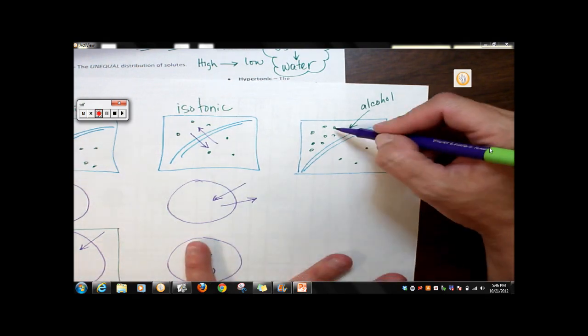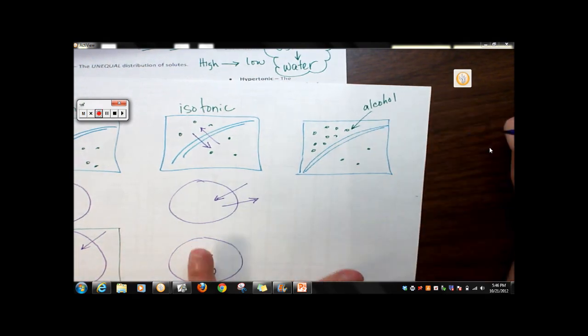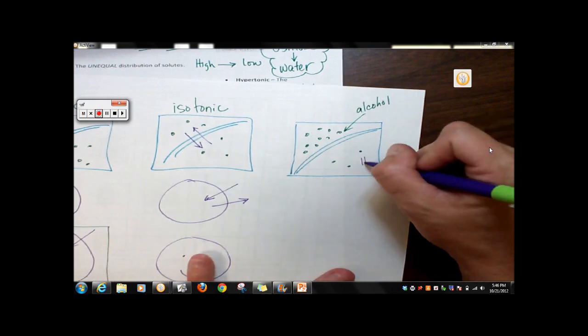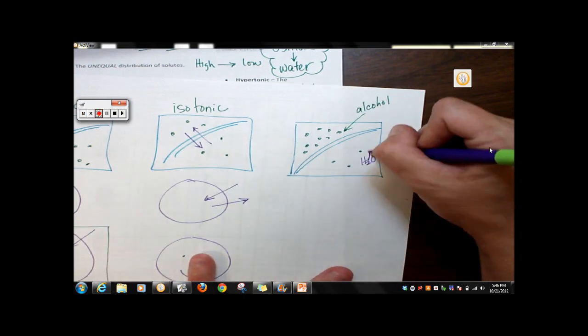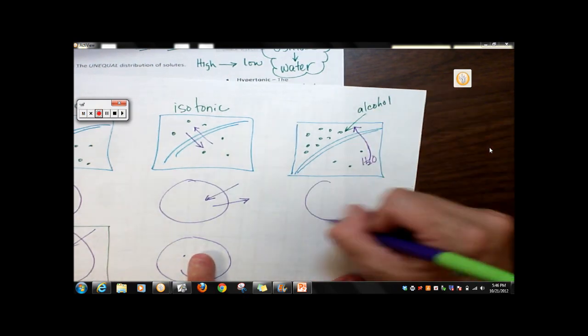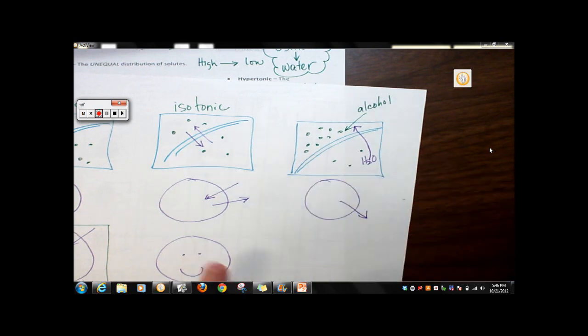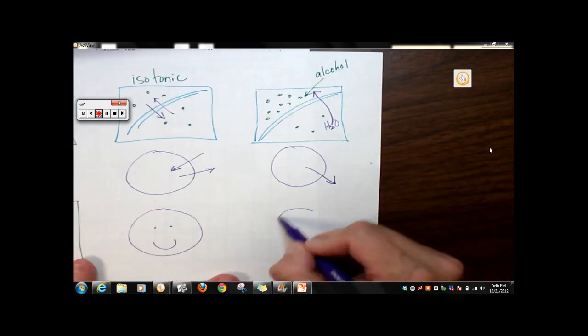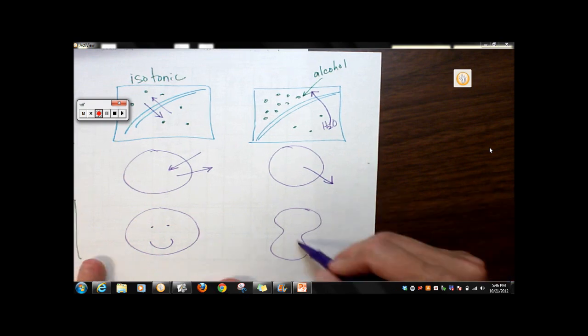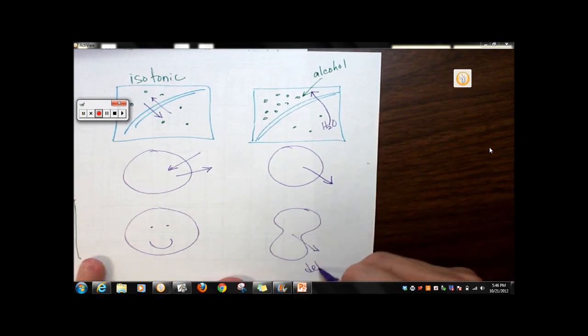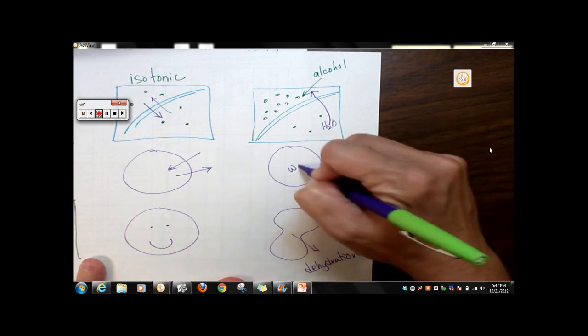We need to get the water to be the same inside as outside. And so because there's more water inside, the water's going to go out. So what's going to happen to your cell? It's going to shrivel up. And this is called dehydration. So the water's going to go out.